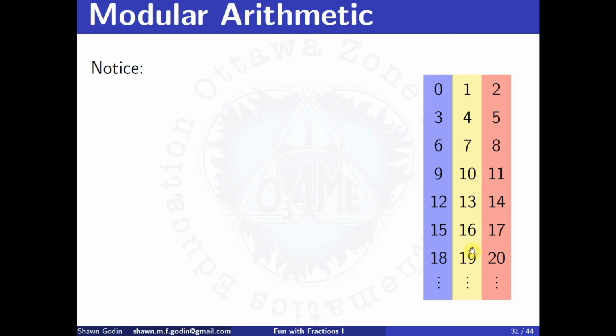All these are 1 more than a multiple of 3, which are congruent to 1 mod 3. All these are 2 more than a multiple of 3. So a couple interesting things happen. If I look at 11, it's congruent to 2, sort of the highest number up on the list there.